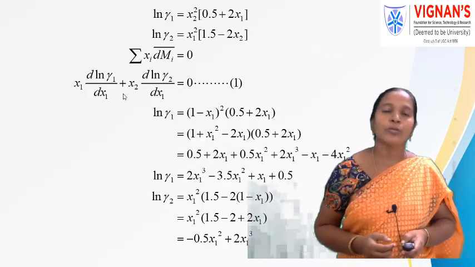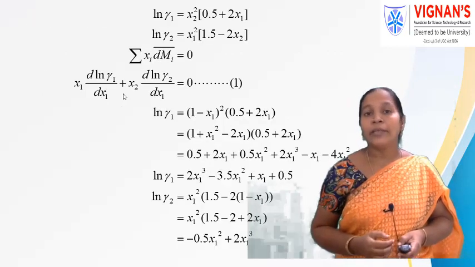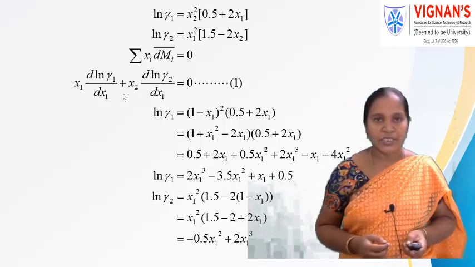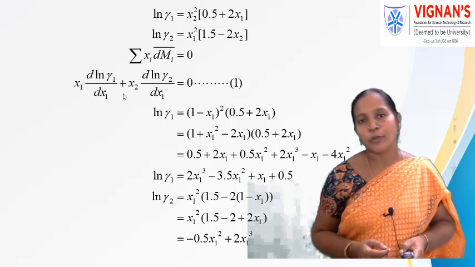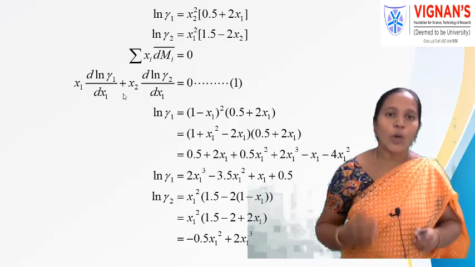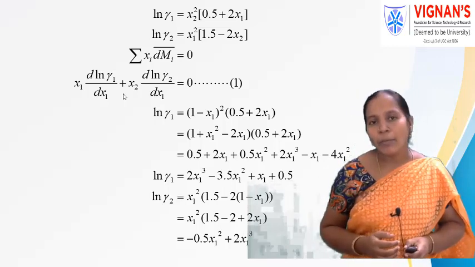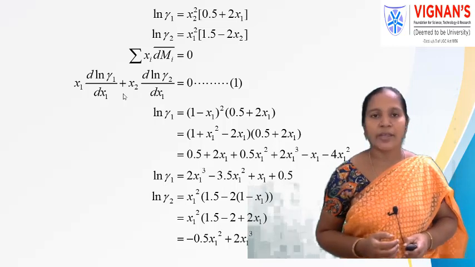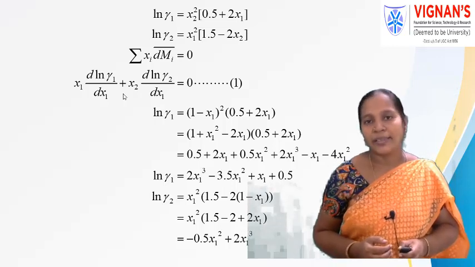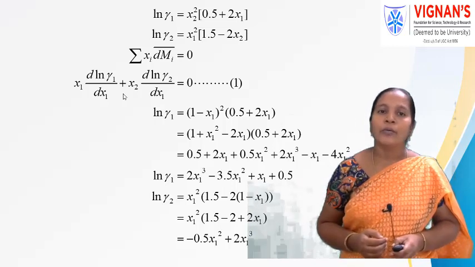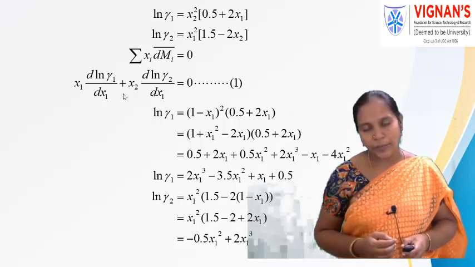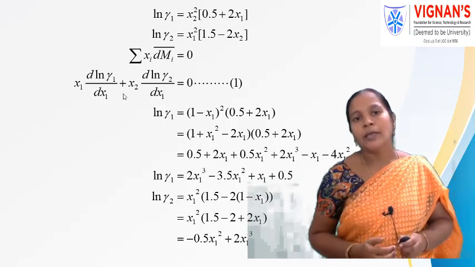Now coming to the solution. Given gamma 1, gamma 2 expressions are ln gamma 1 = x2 squared times (0.5 + 2x1), ln gamma 2 = x1 squared times (1.5 - 2x2). Here we have to check that they satisfy the Gibbs-Duhem equation.